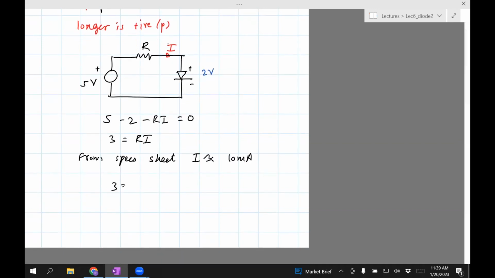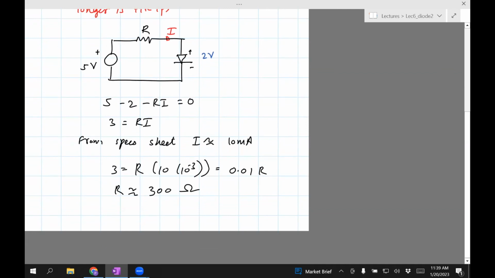So we can then find the resistor just by plugging it in here. 10 times 10 raised to negative 3, which is 0.01 R. And R comes out to be 300 ohms. So you clearly want to have at least 300 ohms. If you have more than 300 ohms, then the current will drop further, and you might see that the LED is not that bright. So you want to just spec it out properly before you use it in a circuit.